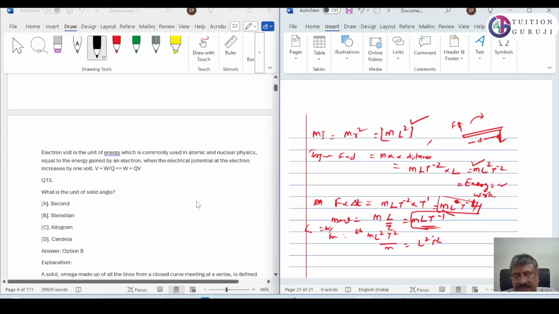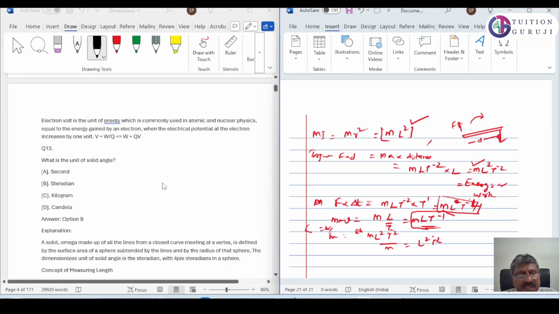Electron volt, where e is for charge and V is for volt, is nothing but Q into V.